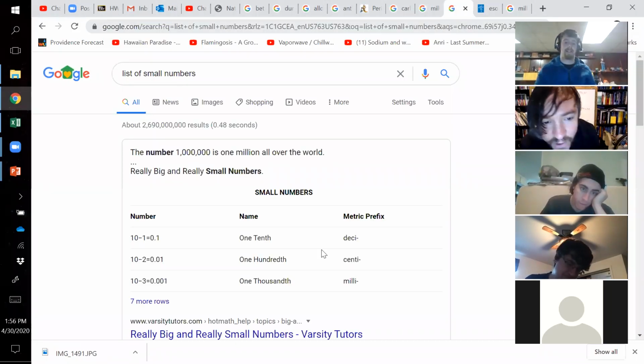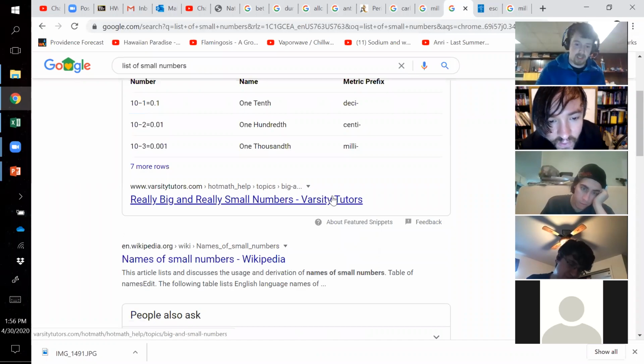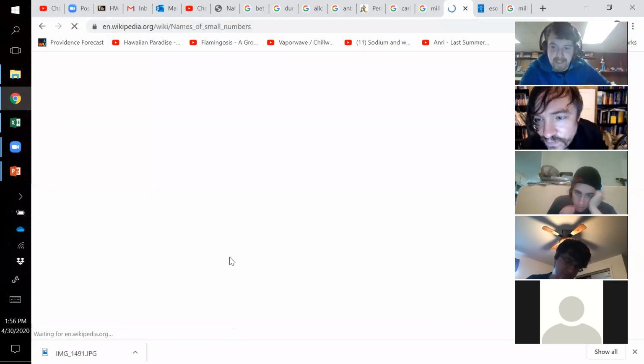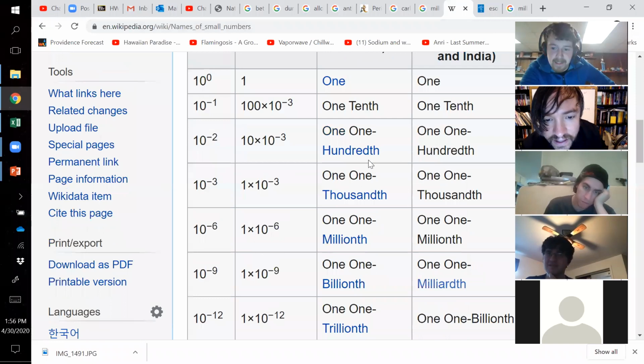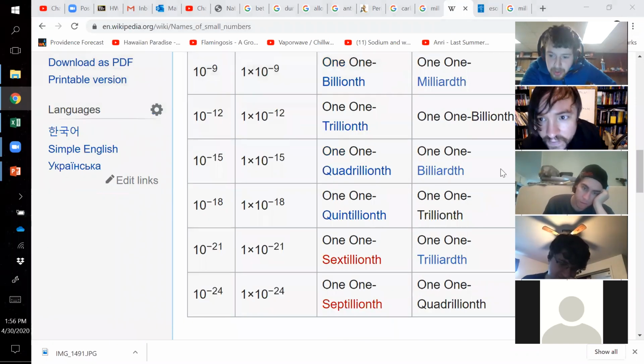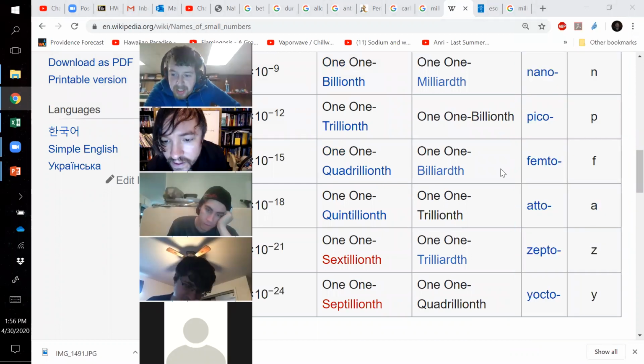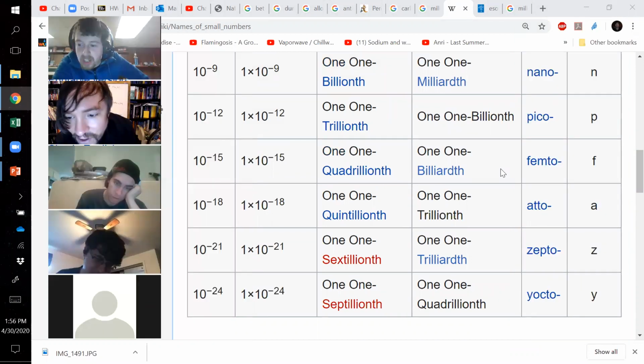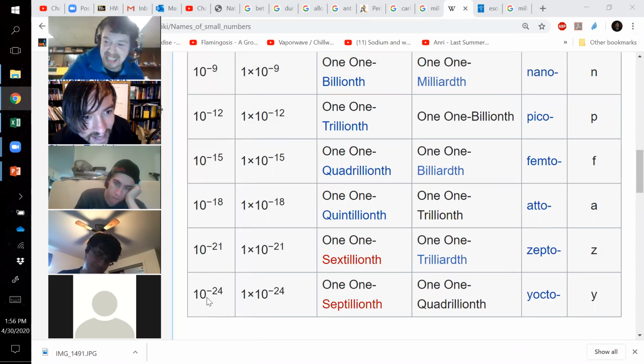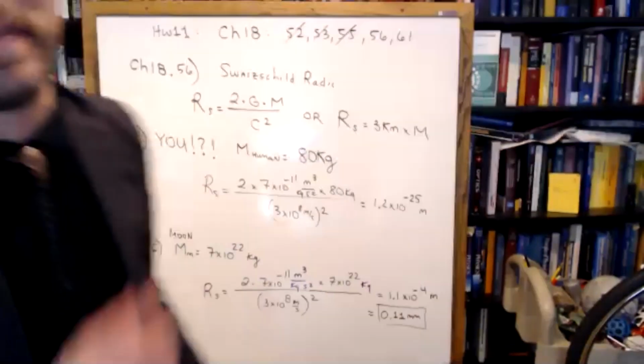We could convert it to attometers, or femtometers. We're looking for 10 to the minus 25. Yocto. Yoctometers. A yocto is 10 to the minus 24. So how many yoctometers is that?